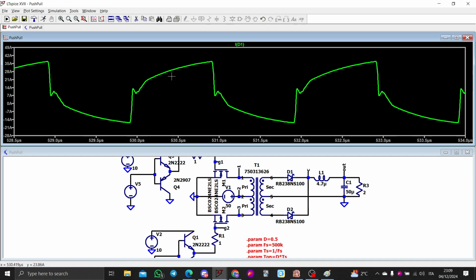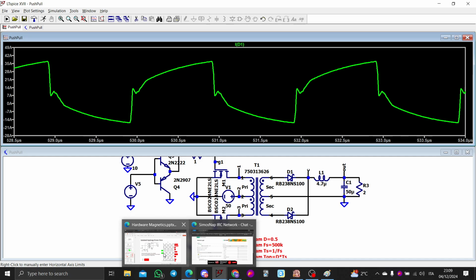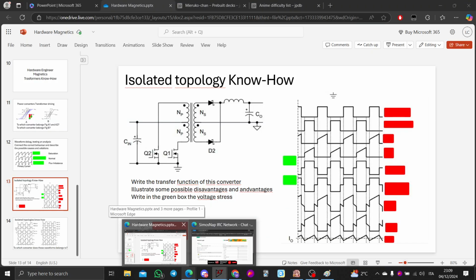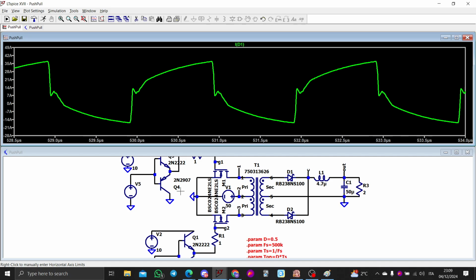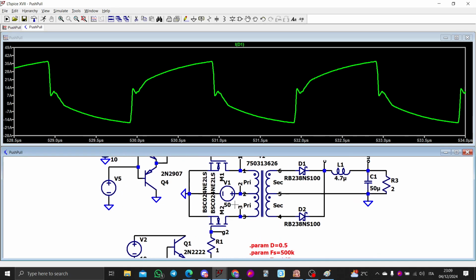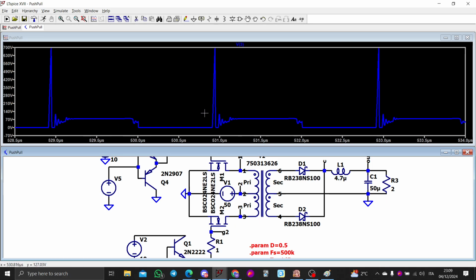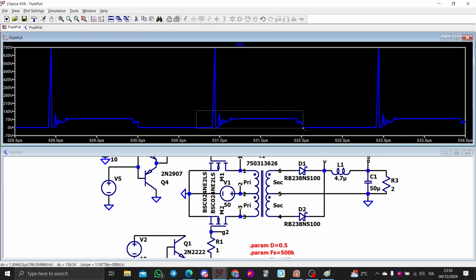Okay, the waveforms are not so good, but I think that they are very, very similar to what I said. So the secondary side. And let's see the VDS of this. Whoa, they do behave horribly.